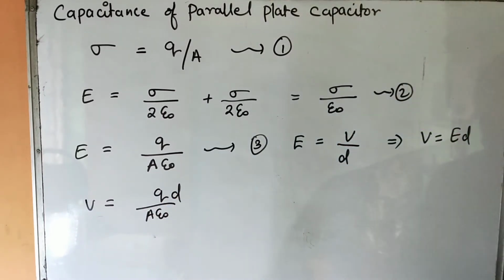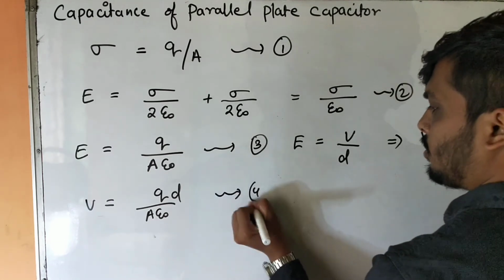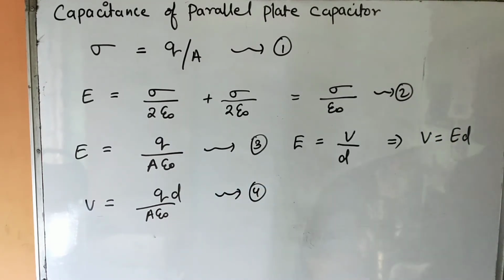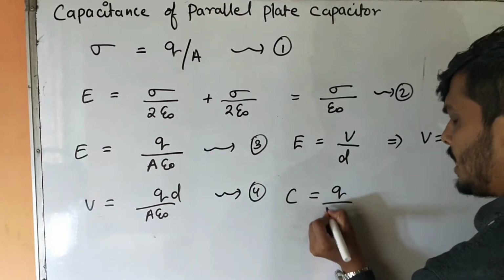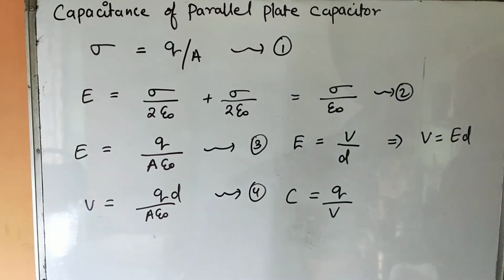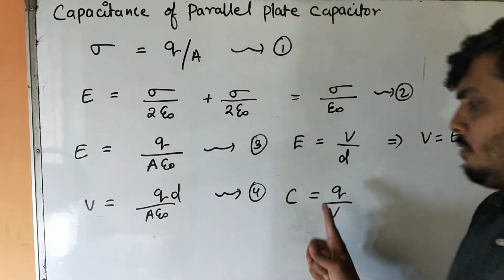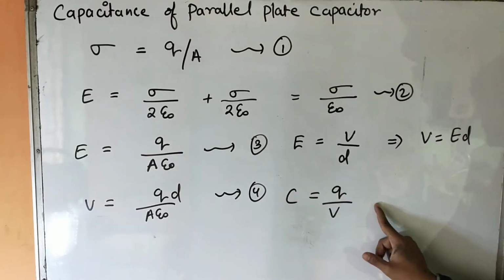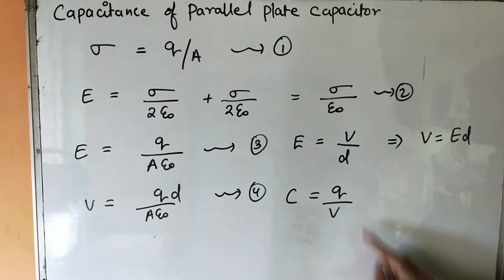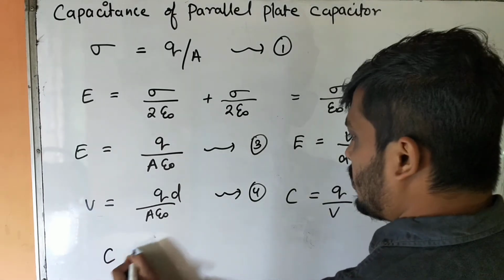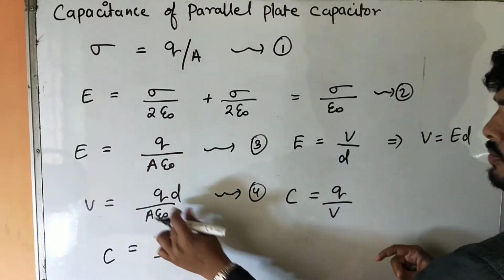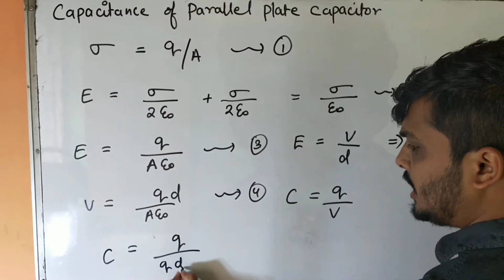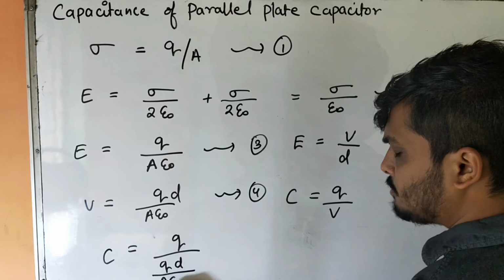Clear? I'll give this equation number 4. Now we know that the capacitance of the capacitor C is given by Q by V. Is it not? So now I'll substitute this value of V in the expression for capacitance. C will be Q divided by V, where V is Q D divided by A epsilon naught.